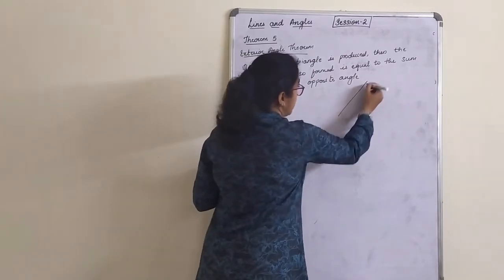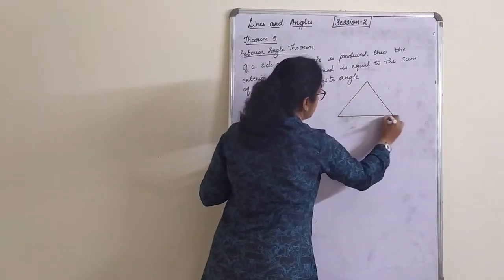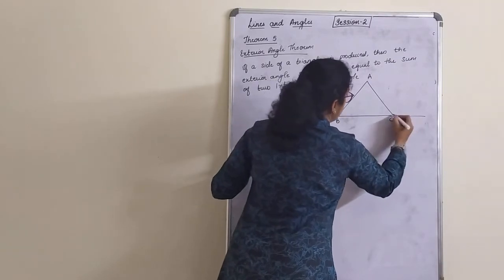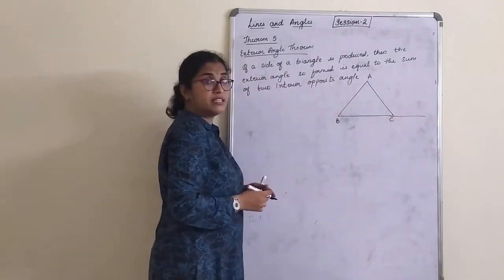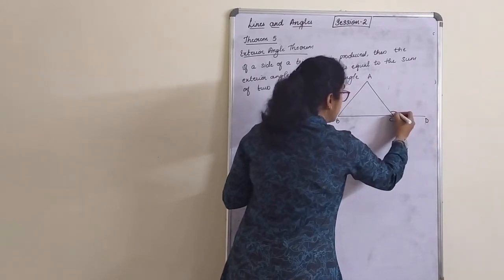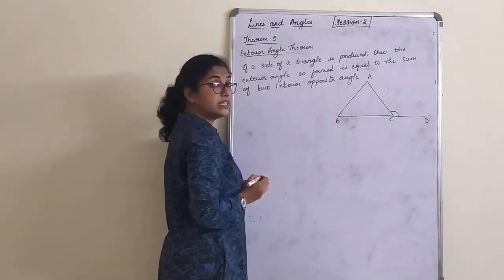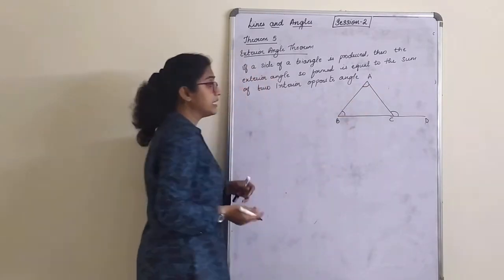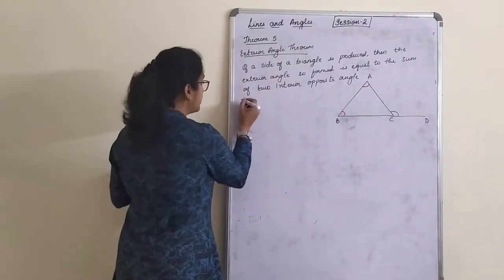We will draw a triangle with respect to that. So ABC is a triangle and they have told if a side of a triangle is produced. I have produced BC to D such that the exterior angle, so ACD is the exterior angle and these are the two opposite interior angles. Let's write given.